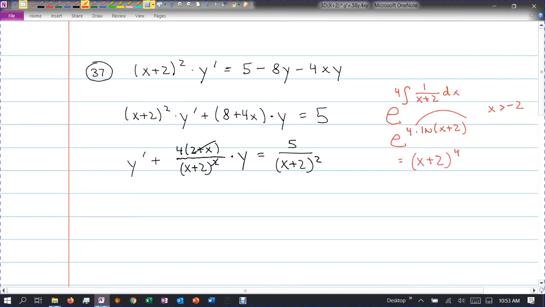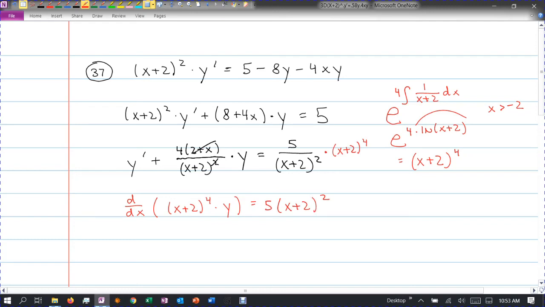That's our integrating factor. So our left side becomes the derivative with respect to x of x plus 2 to the 4th times y, and then equals, I multiply this by x plus 2 to the 4th, so we get 5 times x plus 2, that quantity squared.